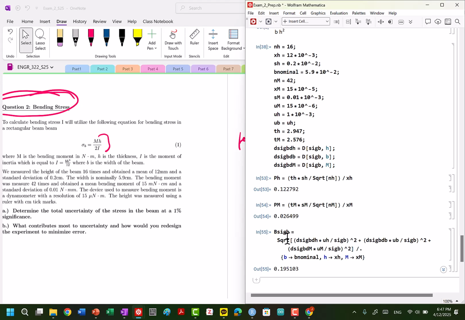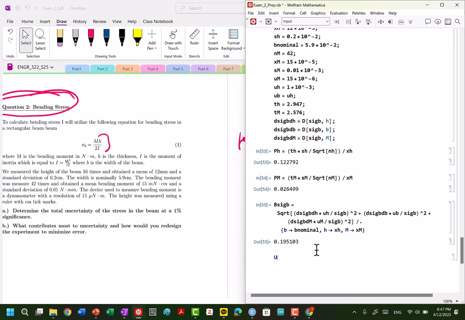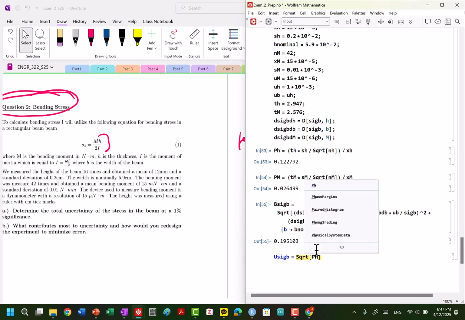All right, so which dominates? Bias. How can we improve it? Use micrometers. Our total uncertainty, U sigma b, is equal to the square root of P_h squared plus P_M squared plus B_sigma b squared.